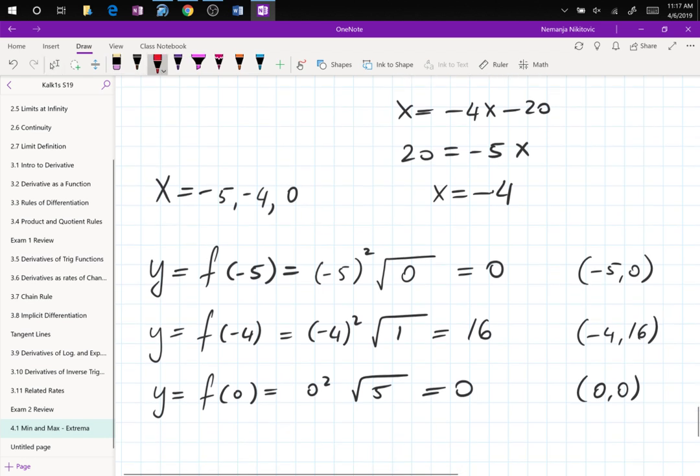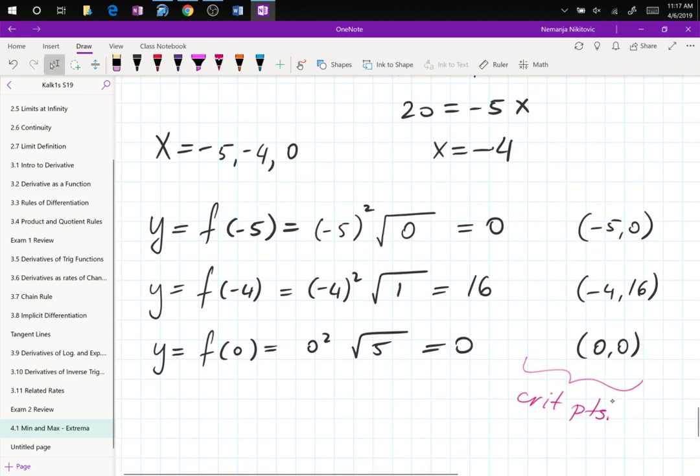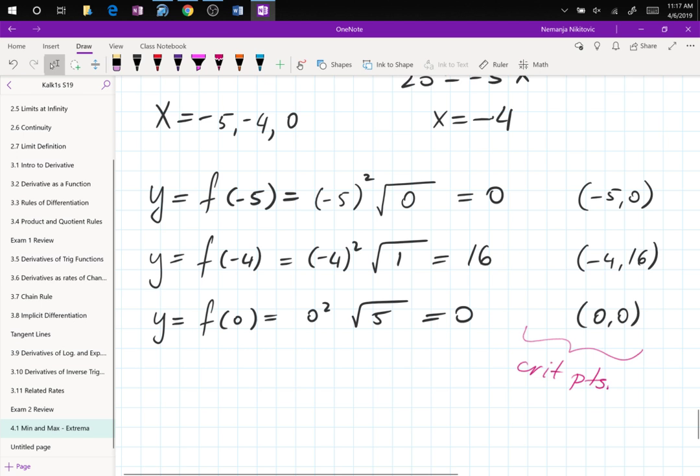So all three of these are critical points. And we don't know yet how to work out some of the tests that will make all of this easy. So you have to go and figure out points to the left, points to the right, and all of that stuff to figure out what's min, what's max.